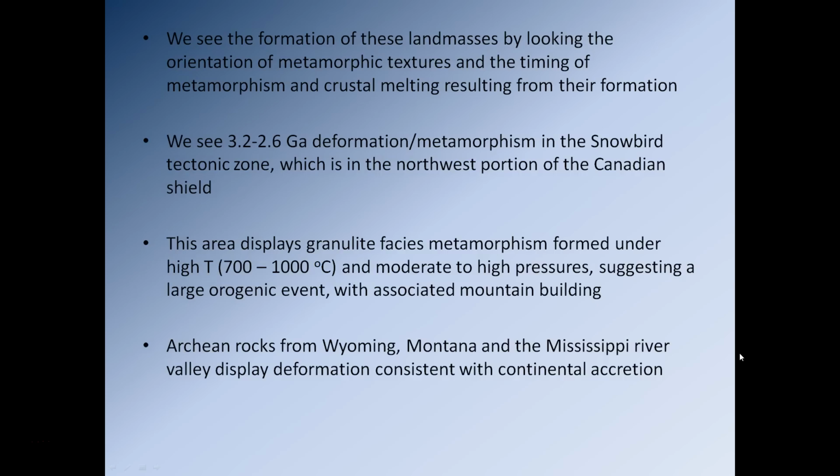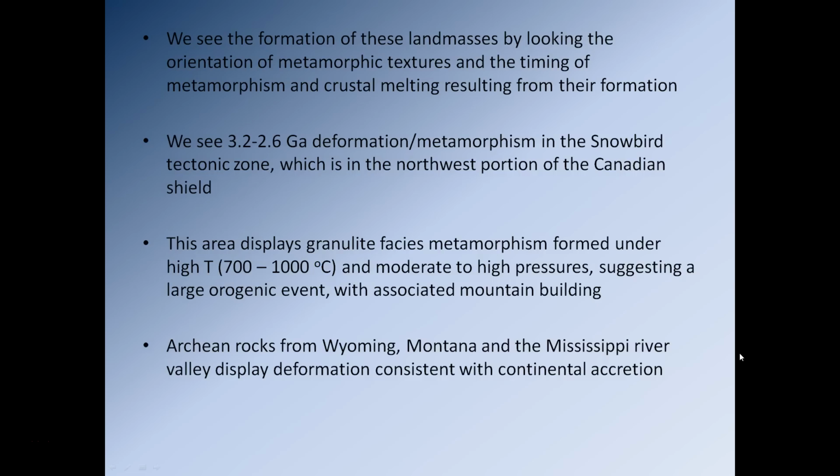The area displays granulite facies metamorphism, so that's high temperature, moderate to high pressure metamorphism, most commonly associated with mountain building. That suggests that there was some kind of very large orogenic event, and large orogenic events are pretty much the result of two big pieces of crust banging into each other. So if two pieces of crust or more bang into each other, then you have a supercontinent forming.